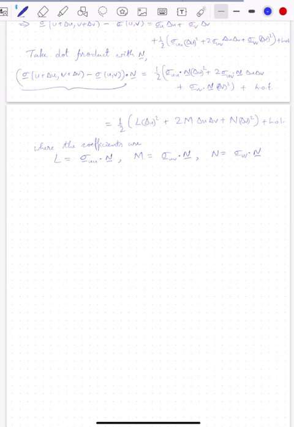Now we see that the expression L delta u squared plus 2m delta u delta v plus n delta v squared is very analogous to the curvature term that we had in the class on curves.